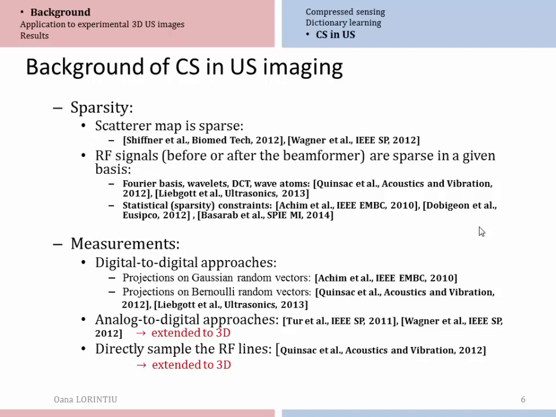And from a measurements point of view, you have the digital-to-digital approaches, where the projection of the acquired vectors was done on Gaussian or Bernoulli random vectors. Then you have the analog-to-digital approaches that were also extended to 3D. And there is an approach that directly samples the entire radio frequency lines that has already been extended to 3D, and that uses fixed sparsifying bases like the Fourier basis.